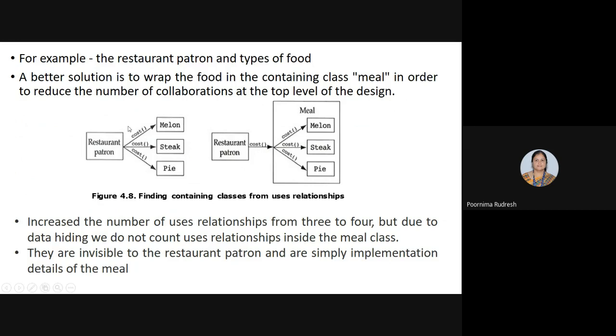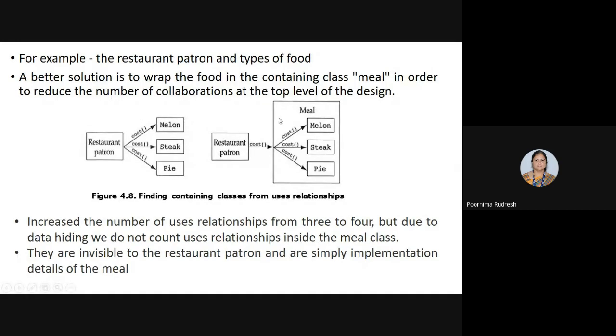Hence, the better solution is to wrap the food in the containing class meal, in order to reduce the number of collaborations at the top level design. Here three collaborations exist, and hence we need a better solution so that we can reduce the number of collaborations from 3 to 1. So how are we doing that?